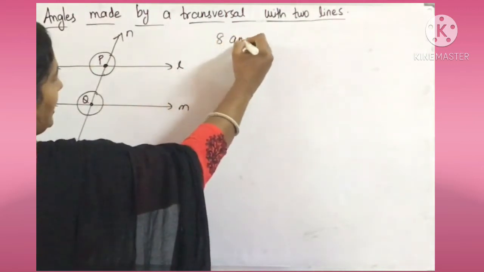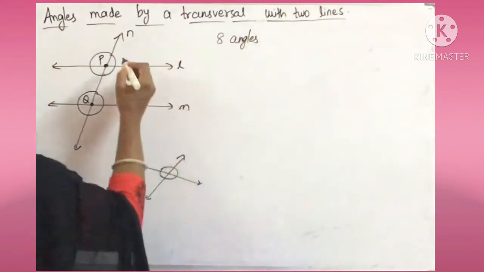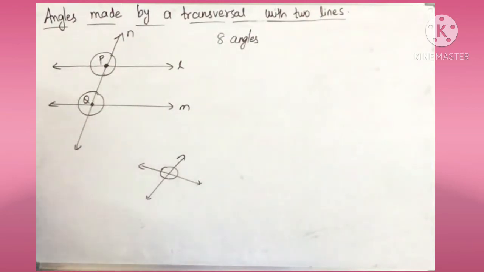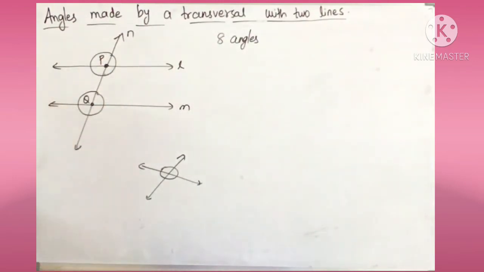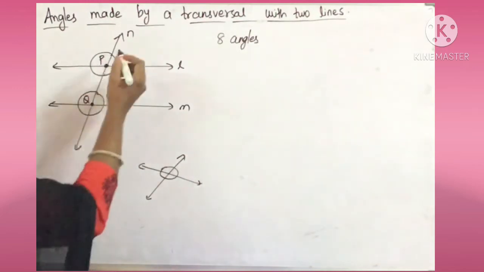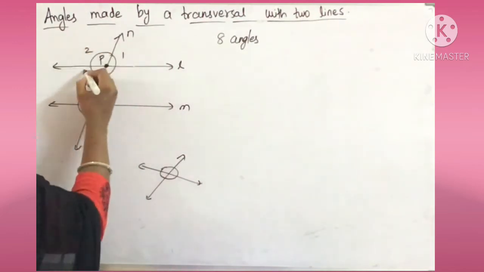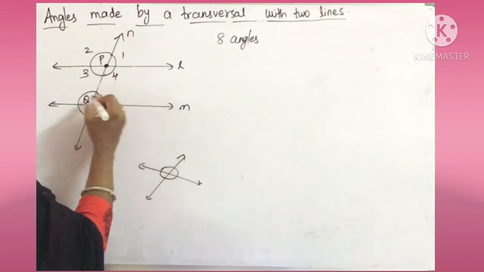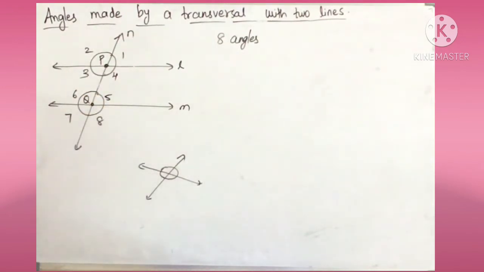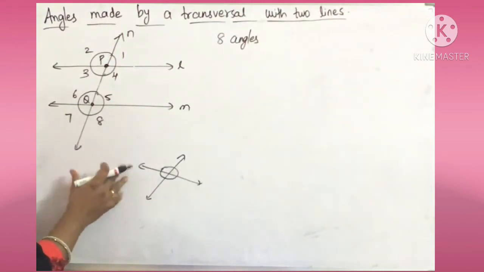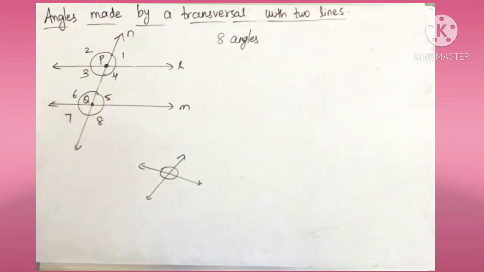We label them 1 to 8 for the sake of convenience and classify them into the following groups. Based on these 8 angles, we will classify some into groups.